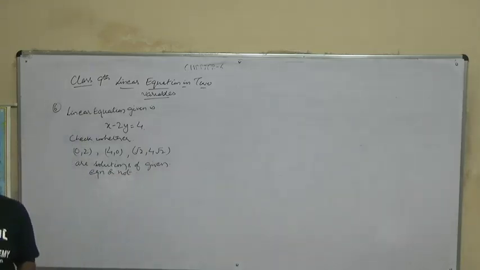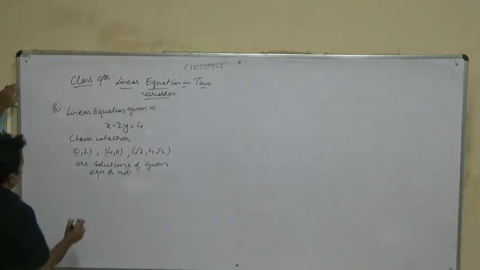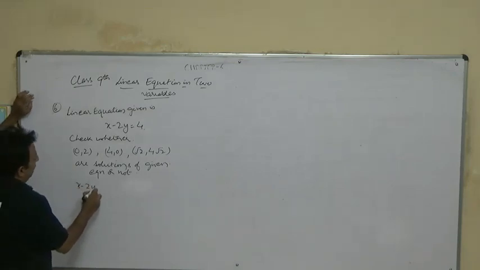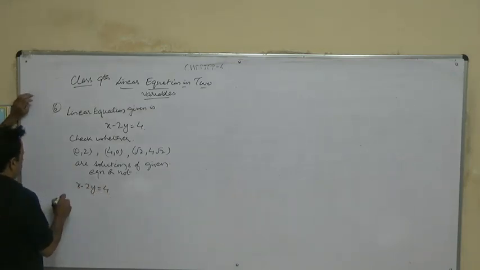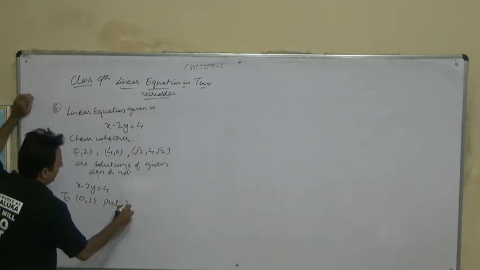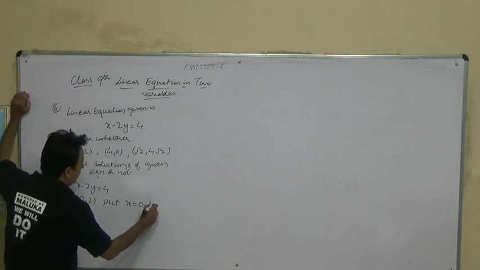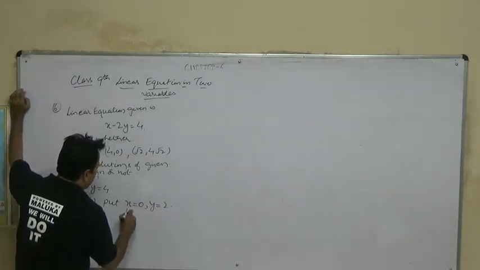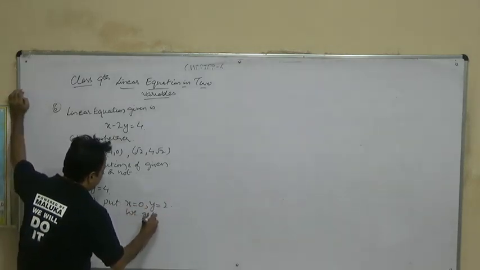So we will check it one by one, as we have checked in the previous question. So first is (0, 2). The equation is x minus 2y is equal to 4. To check (0, 2), put x is equal to 0 and y is equal to 2. What do we get here?